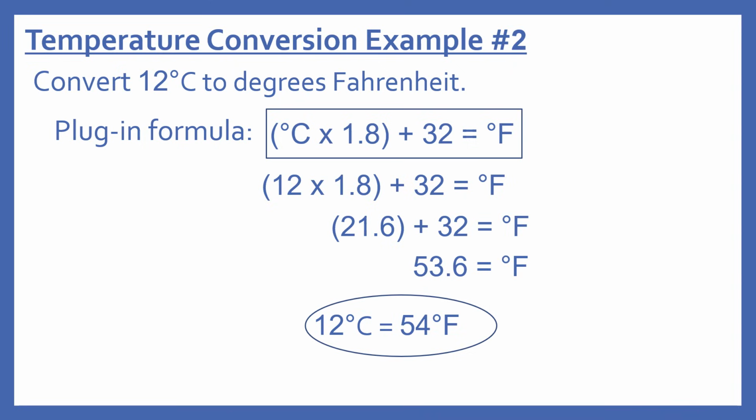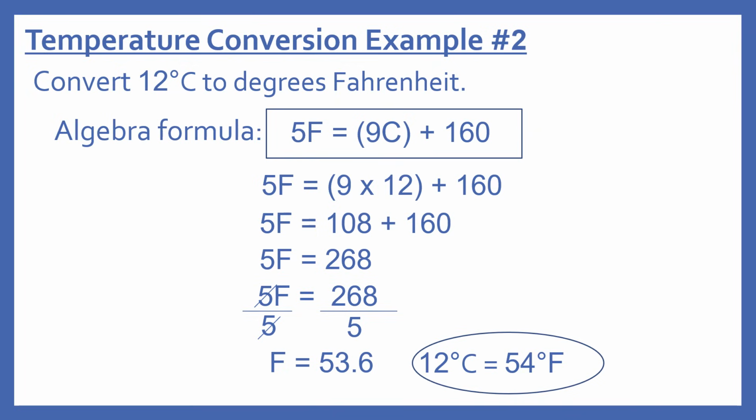So 12 times 1.8, which we keep in parentheses, meaning we do that first, plus 32 equals our Fahrenheit degrees. So 12 times 1.8 equals 21.6, plus 32 equals 53.6, and that will round up to 54 degrees. So 12 degrees Celsius equals 54 degrees Fahrenheit.